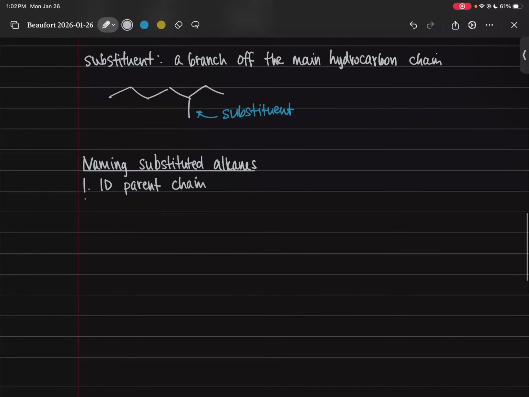So we need to figure out the parent chain. Then figure out what our substituents are.